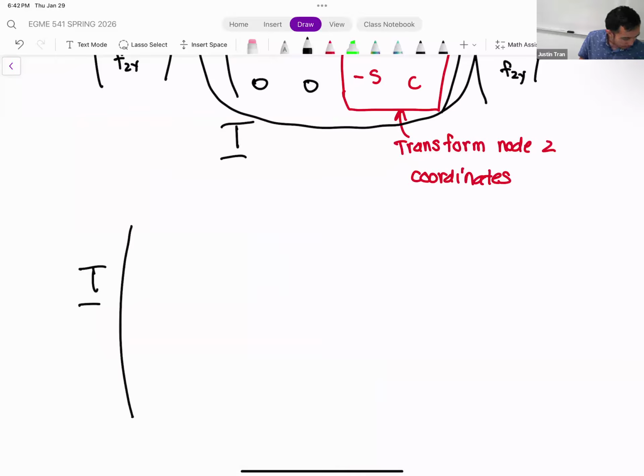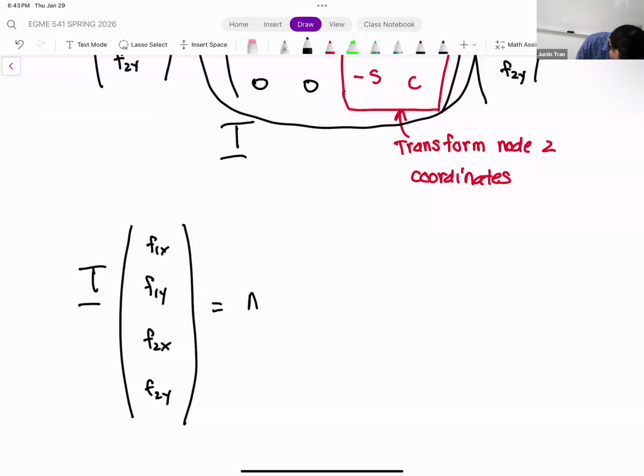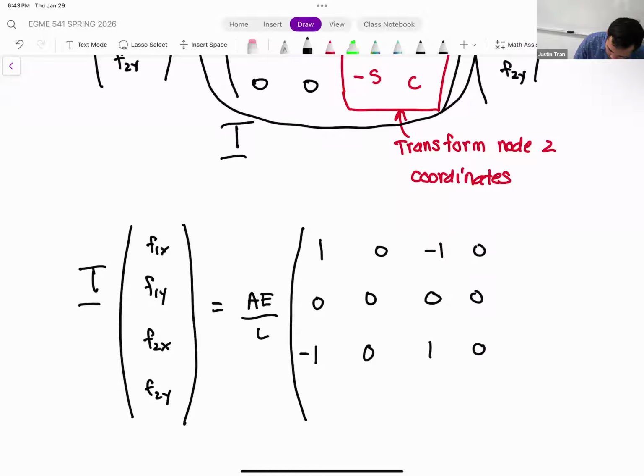Multiplied by, right? If we have big T there, we're going to have things in the stationary coordinates now. So we have F1x, F1y, F2x, F2y equal to AE over L multiplied by our element stiffness matrix, 1, 0, minus 1, 0, 0, 0, 0, 0, minus 1, 0, 1, 0, 0, 0, 0, 0.